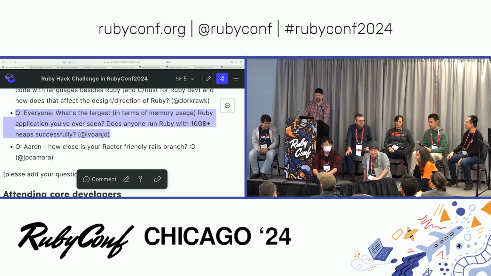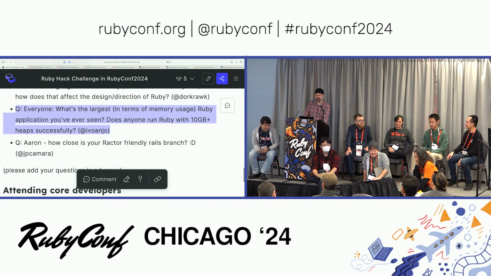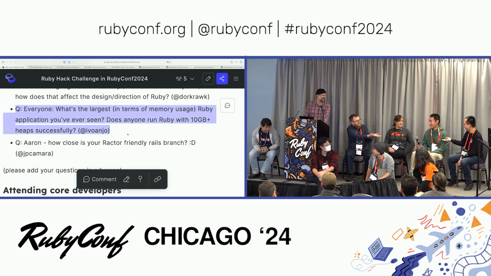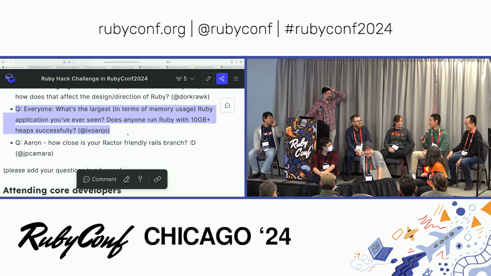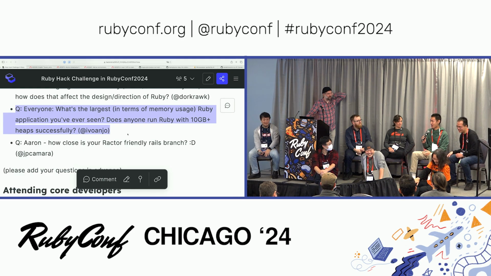All right. Next question, everyone: what's the largest, in terms of memory usage, Ruby application you've ever seen? Does anyone run Ruby with 10 gigabyte plus heaps successfully? Peter? I mean, it's probably Shopify core, maybe not. I don't know. Our monolith, it's not even that big.